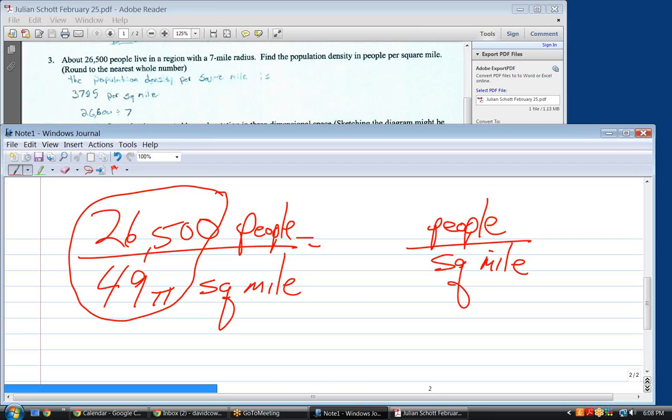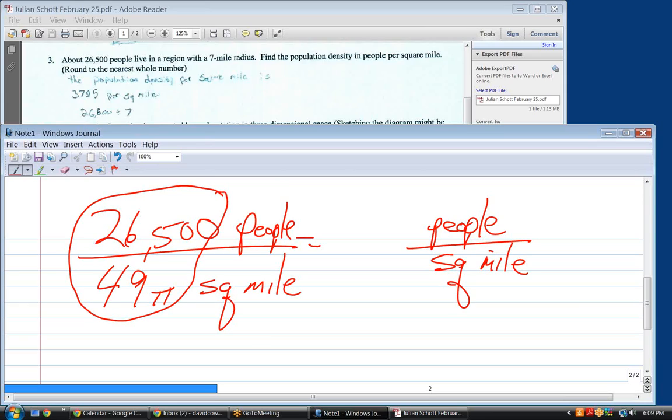Still there, Julian? I feel like I lost you. Yeah, absolutely. Okay. So what's this number? 26,500 divided by 49 pi. 540 pi. We want a number without the pi in it, in this case.